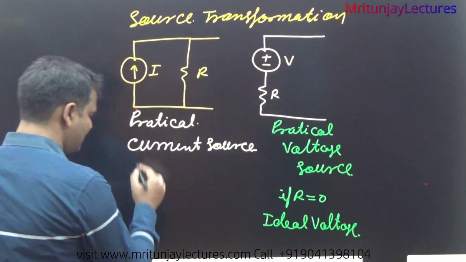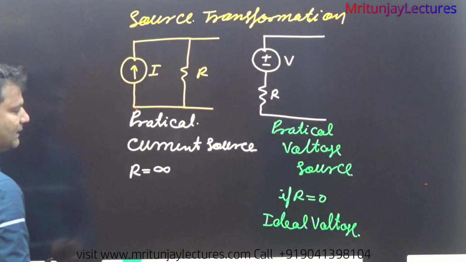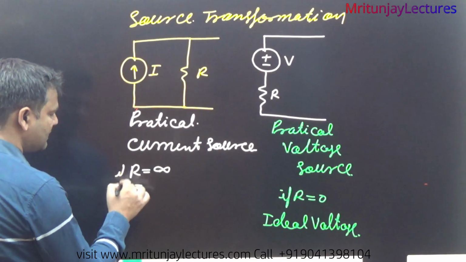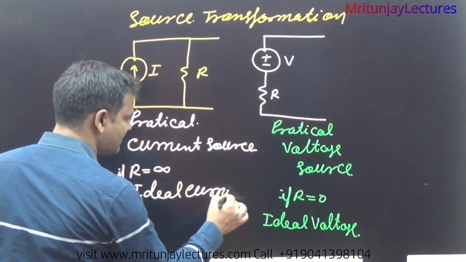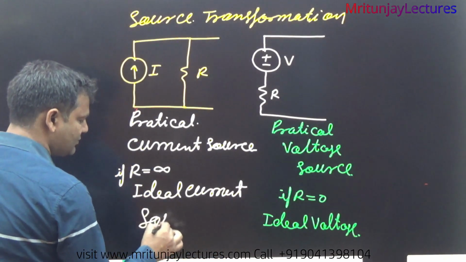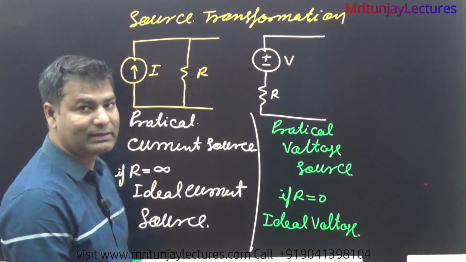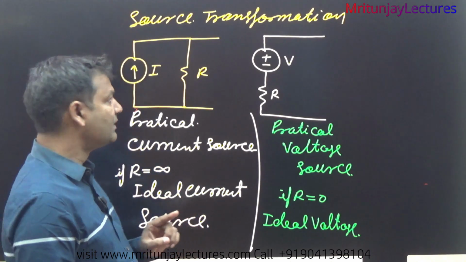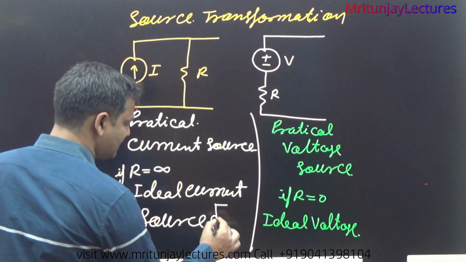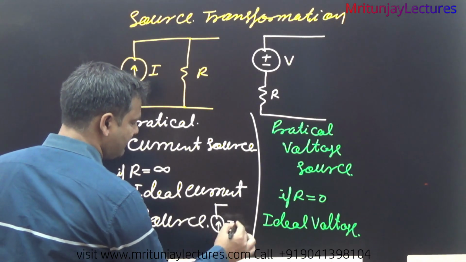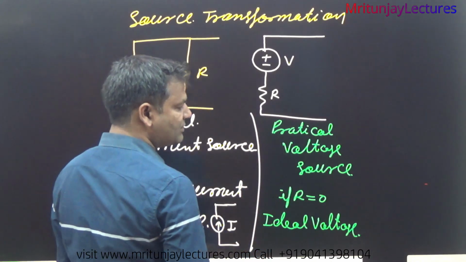And here, if R is equal to infinity, that is called an ideal current source, and it is represented simply as I. And how can we represent the ideal voltage source?